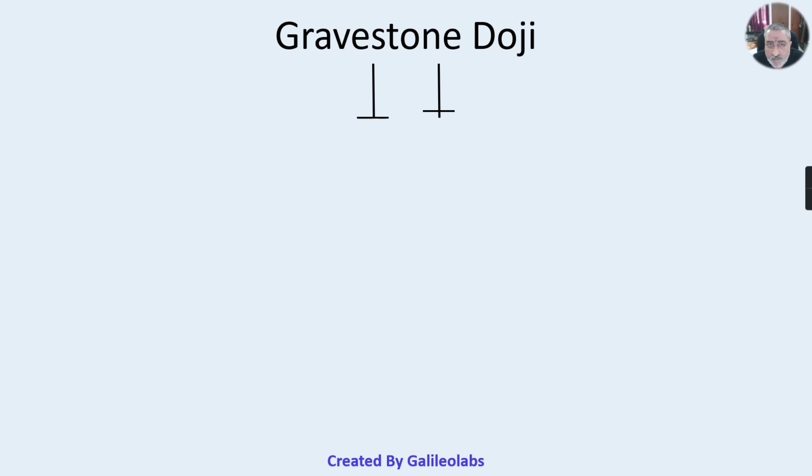The perfect gravestone doji would be one wherein the opening and closing prices are exactly equal. But please remember that this is not a thumb rule, they can be near to each other as well. I mean, the body of the candle should be very, very small.